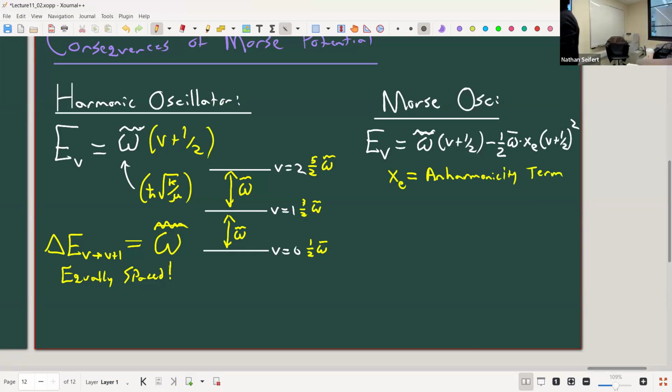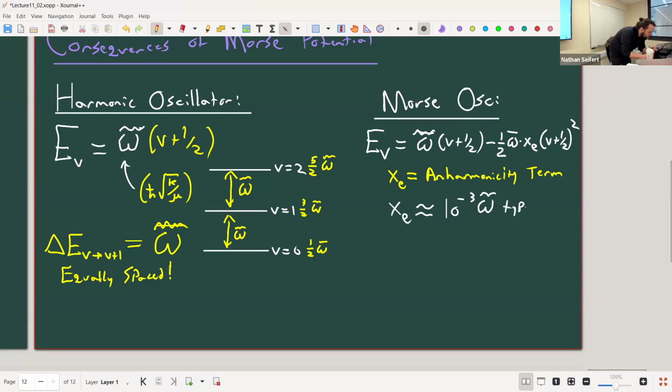Okay. So now the energy levels, and typically x sub e tends to be on the order of 1,000 times smaller than omega. So it's a really small correction. You add this new term, and it's about 1,000 times smaller in magnitude than the harmonic term.